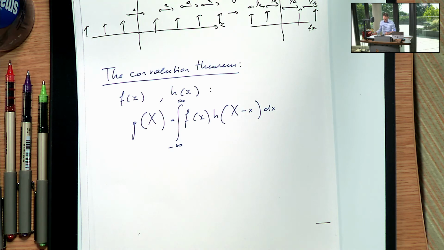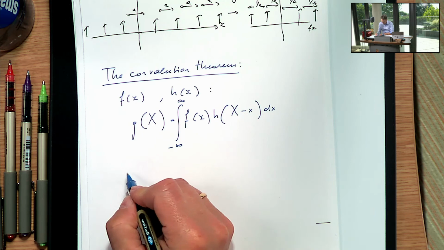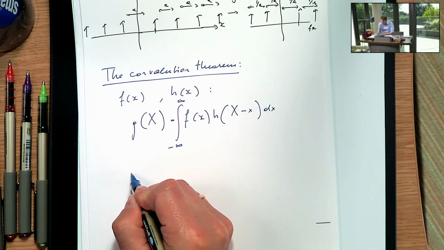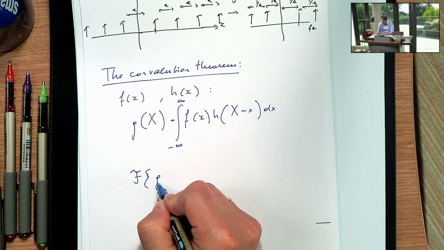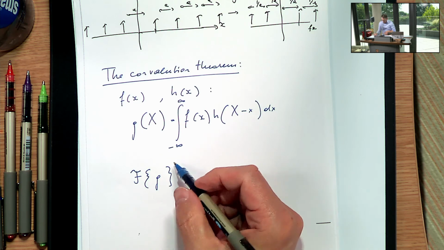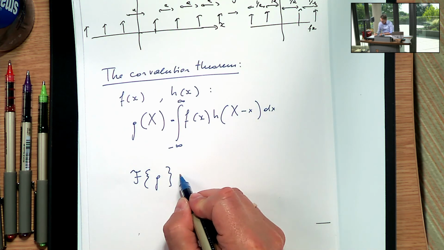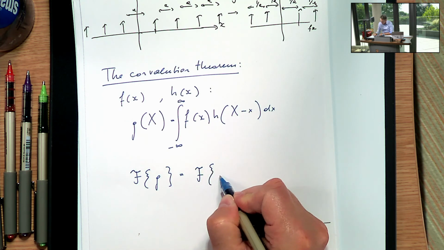So the convolution theorem states that the Fourier transform of the resulting convolution function is equal to the Fourier transform of the convolution.